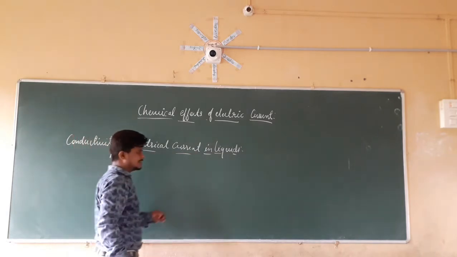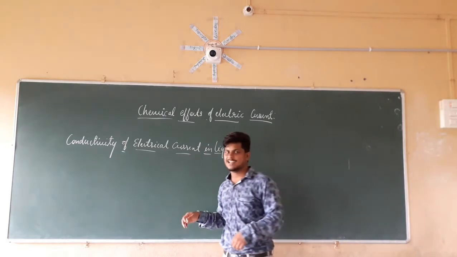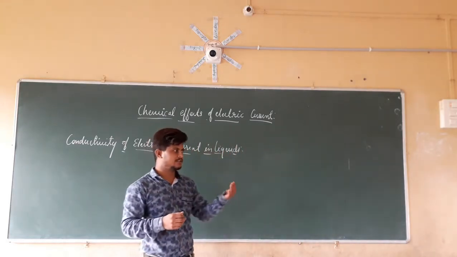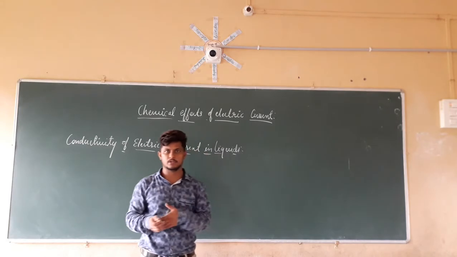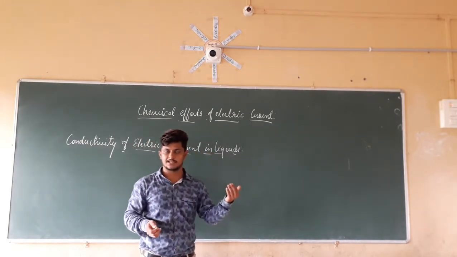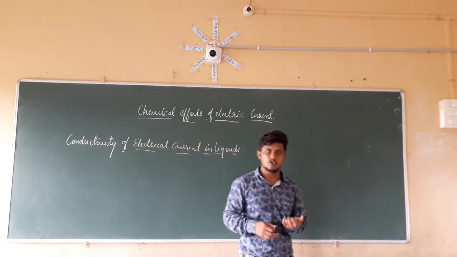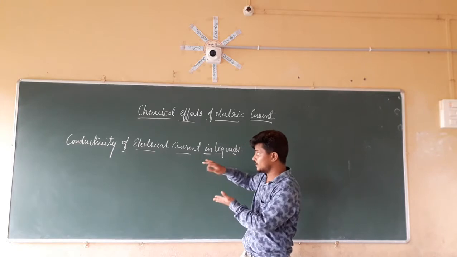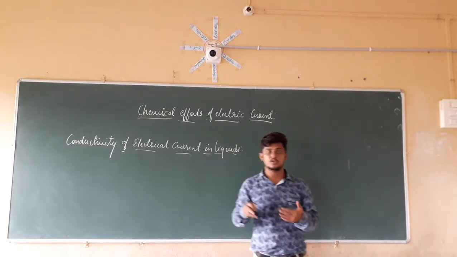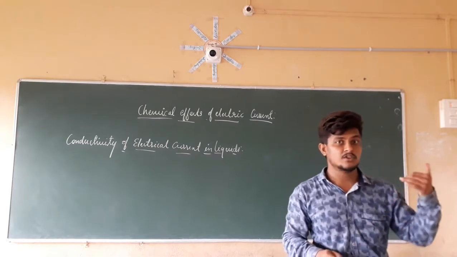We can check this in your home also, as well as in the lab, as we have lab equipment for it. We are going to check the conductivity of electric current in the lab, and you can also check these things in your home. Afterwards, I am going to tell you how to check the conductivity of electricity in liquids in your home.